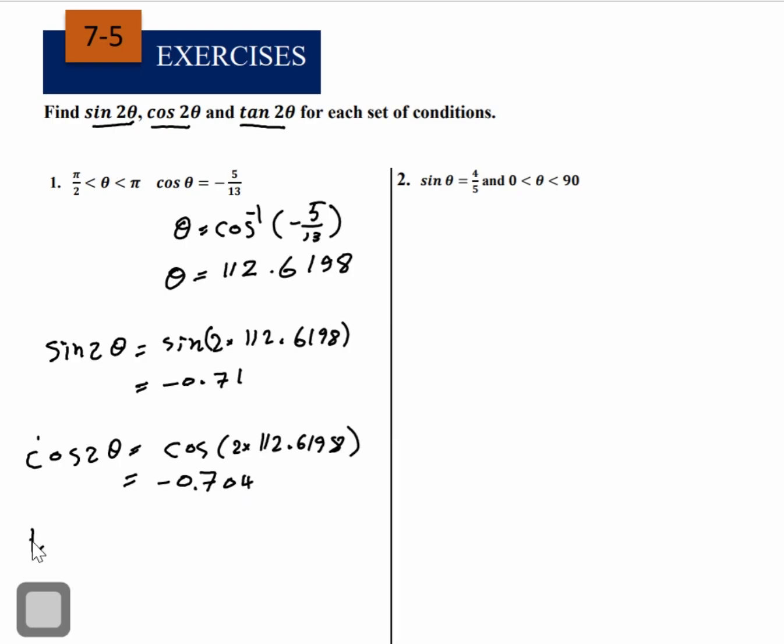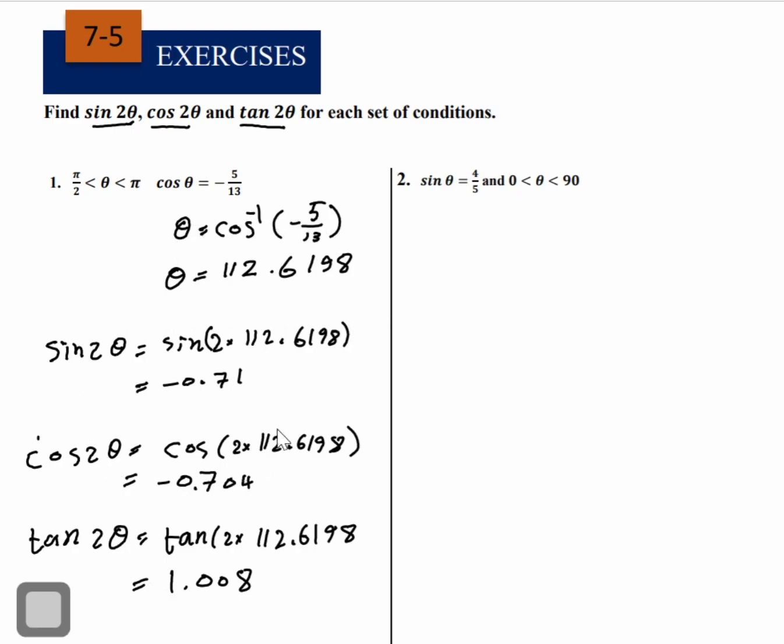And for tan 2 theta, we have tan of 2 multiplied by 112.6198, which by calculator equals 1.008.